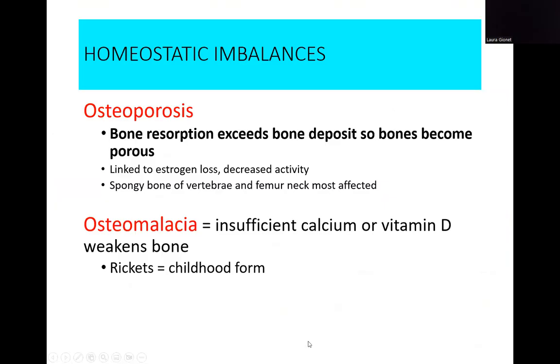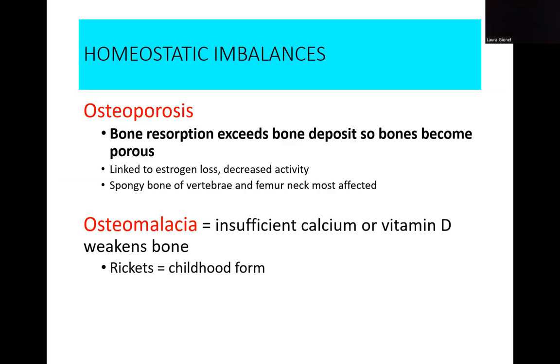Okay, so homeostatic imbalances. Osteoporosis: bone resorption exceeds bone deposition, so bone becomes porous. This may be due to aging, especially with the loss of estrogen, perimenopausally and menopausally. Estrogen helps inhibit osteoclast activity.